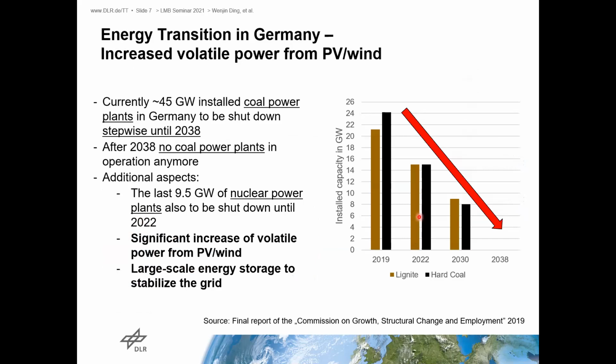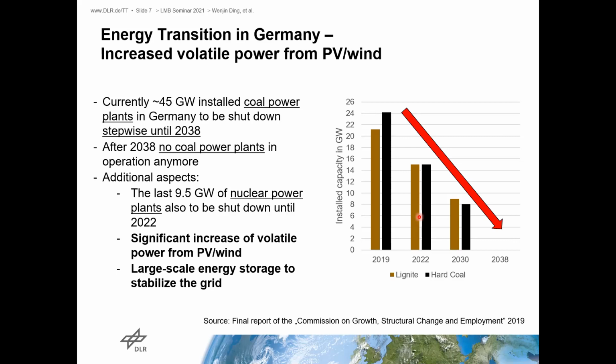Maybe as you know, in Germany we have a very important national program for the energy transition. In the new energy systems of the future, there will be more and more unstable power from photovoltaic and wind energy. Until 2038, all the coal power plants in Germany will be shut down.